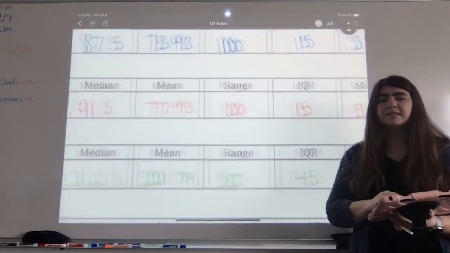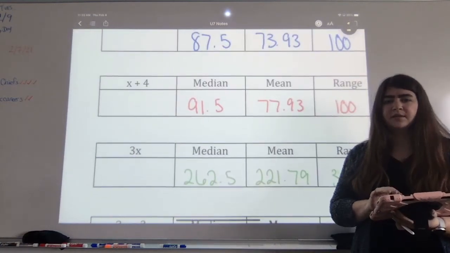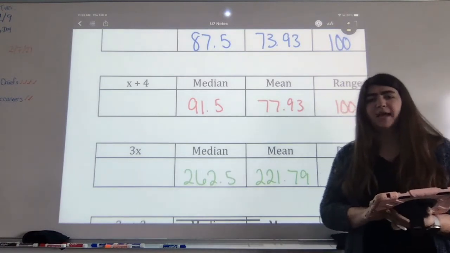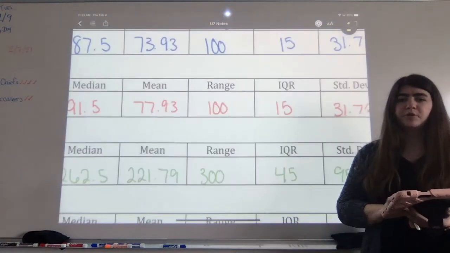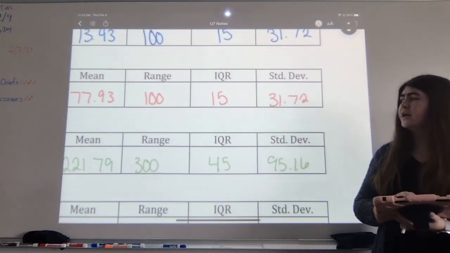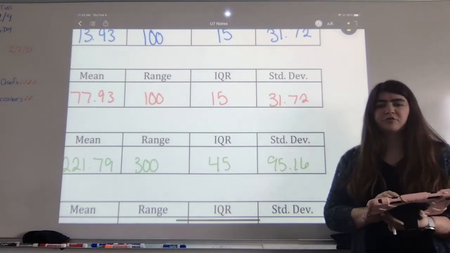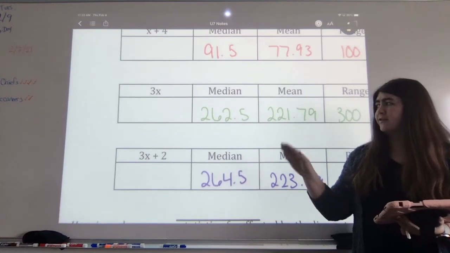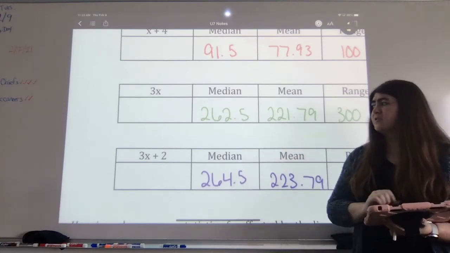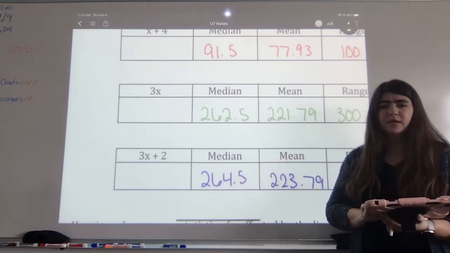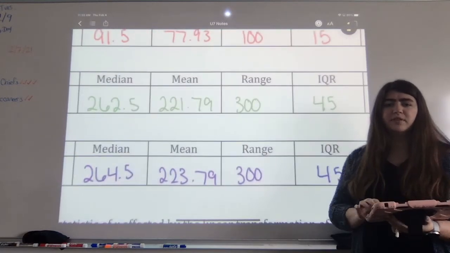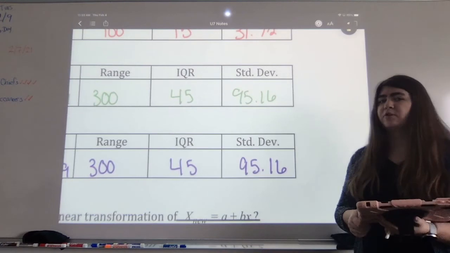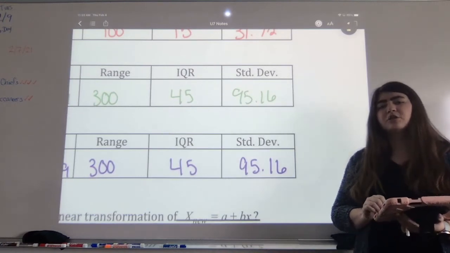For the second data set, when we added 4 to each of those things, you should have 91.5 for your median, 77.93 for the mean, 100 for your range, 15 for the IQR, and 31.72 for your standard deviation. Then for multiplying everything by 3, you should have 262.5 for your median, your mean should be 221.79, your range should be 300, your IQR should be 45, your standard deviation should be 95.16.